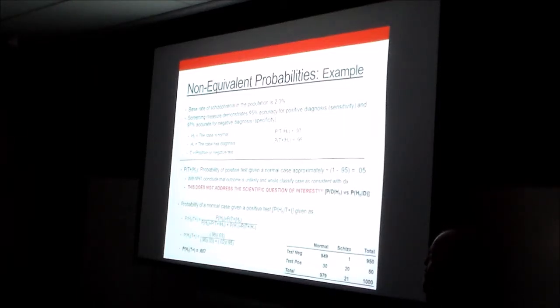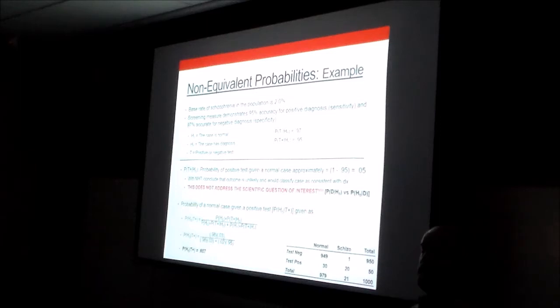What have we missed with this that we've actually caught here? Lauren, you have an idea? Right here, right? If we look at the number of positive tests that are actually positive, that's 20 divided by 50, right?